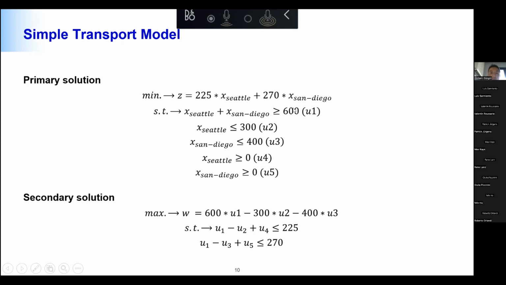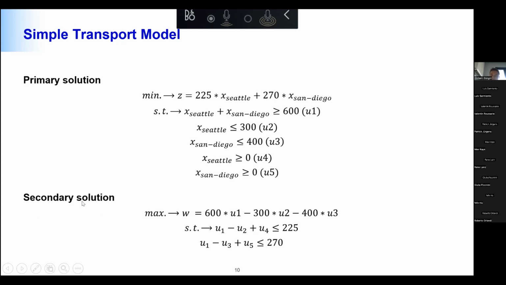And from each equation, we have a utility. We have a utility from supplying to demand. We have utilities from supplying from Seattle and San Diego capacities. And we also have utility from our transport activities from Seattle and San Diego.